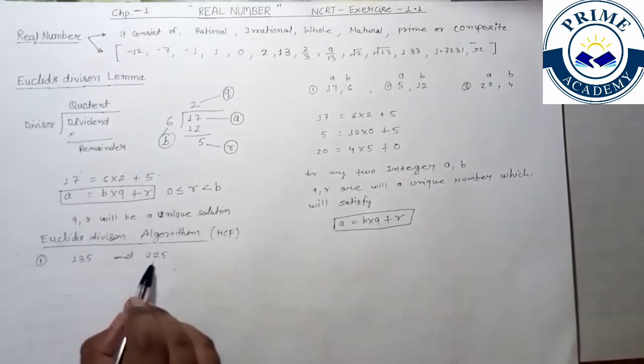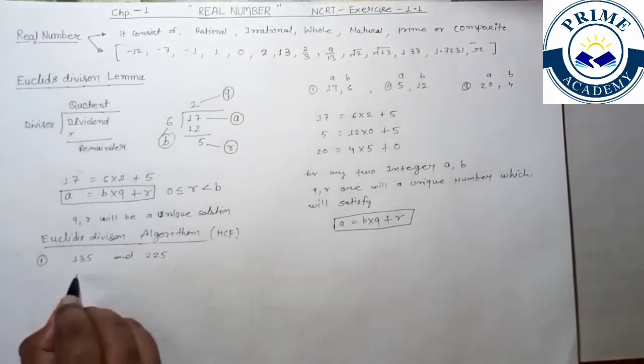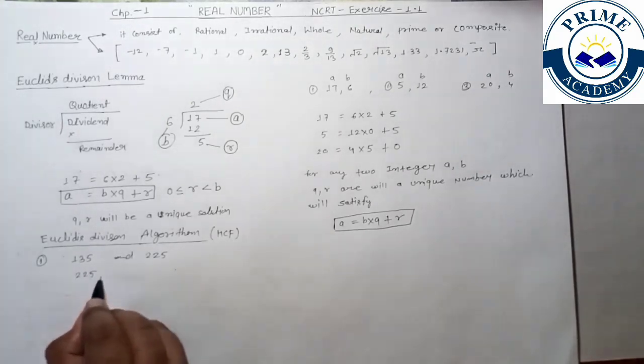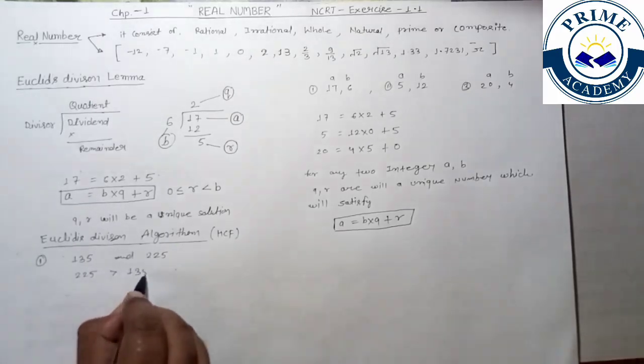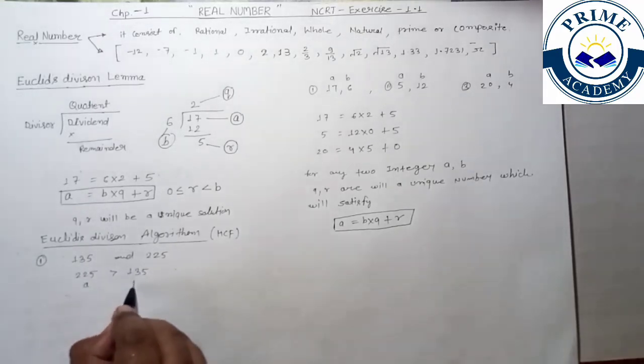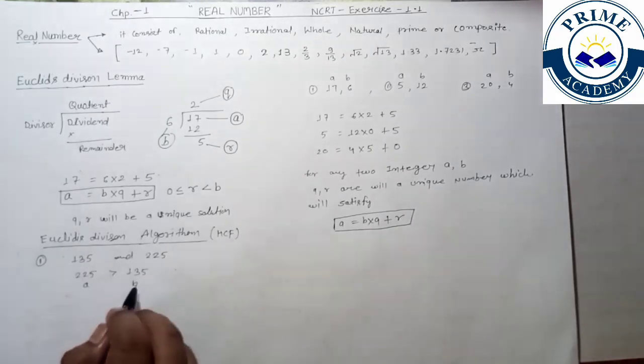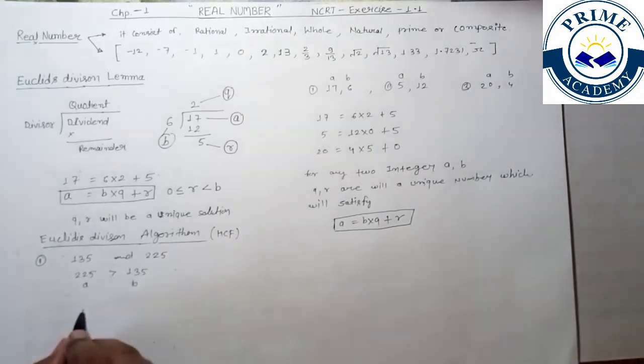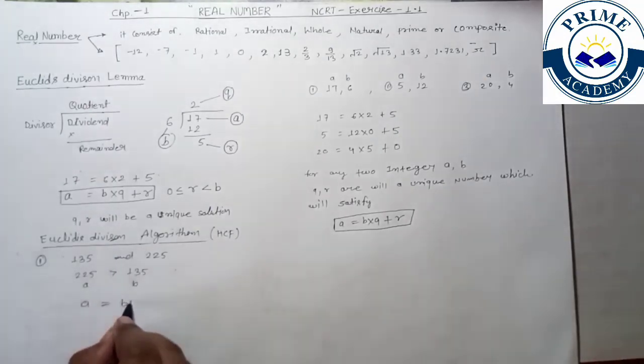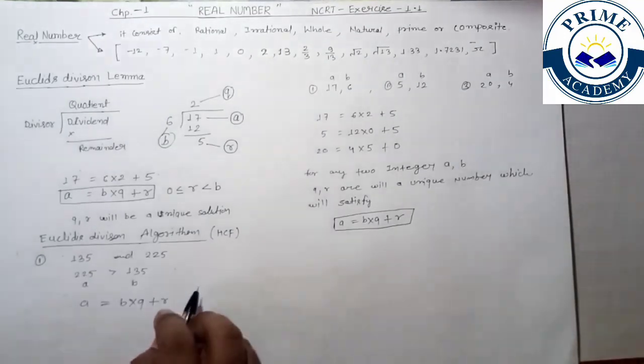This one is bigger, 225 is greater than 135, so I take this as A and this as B. According to the Euclid division lemma, we follow the procedure: A equals B into Q plus R. You have to continue until R becomes 0.